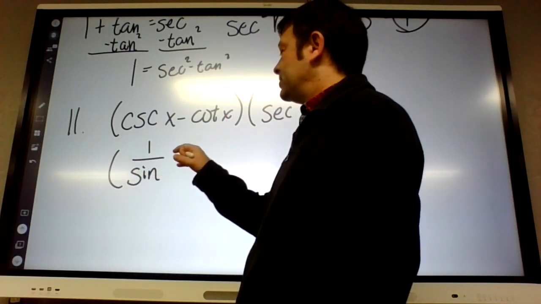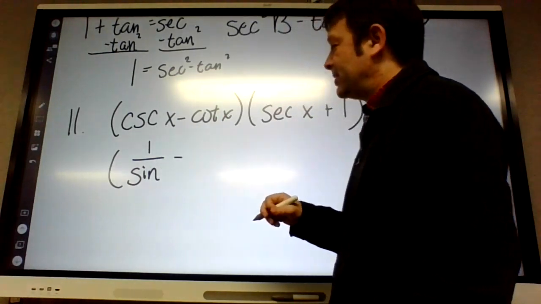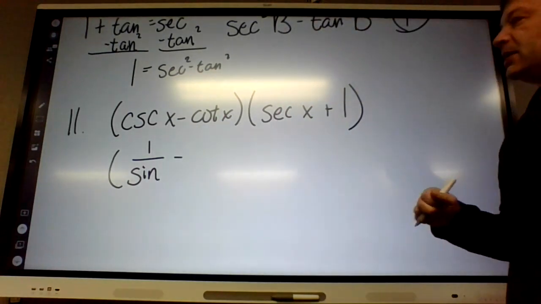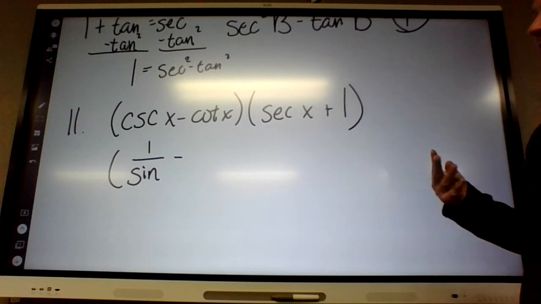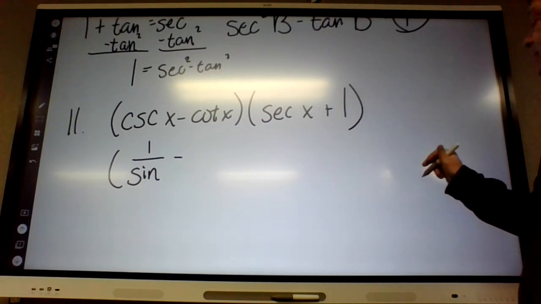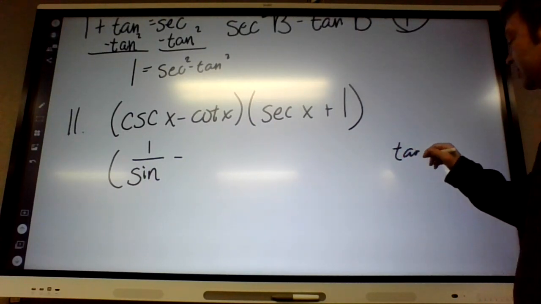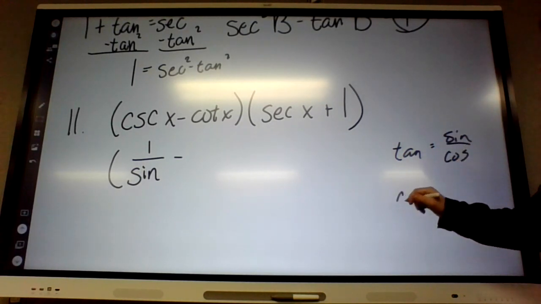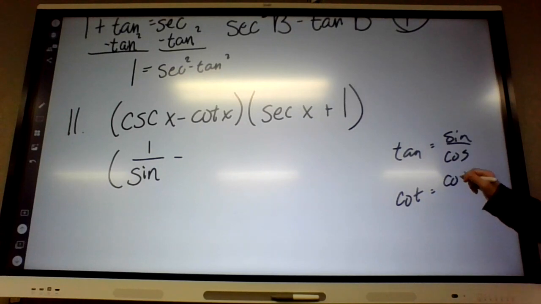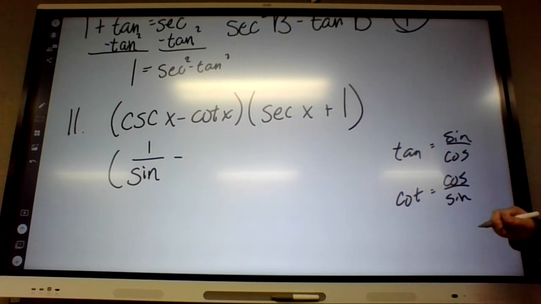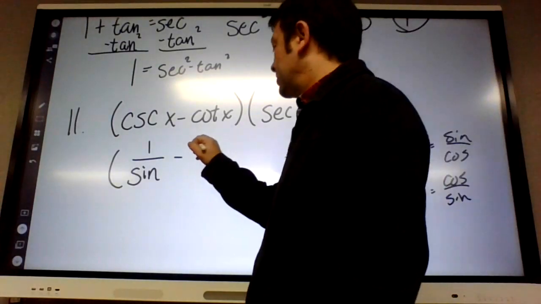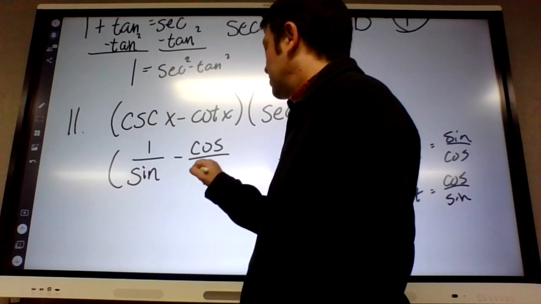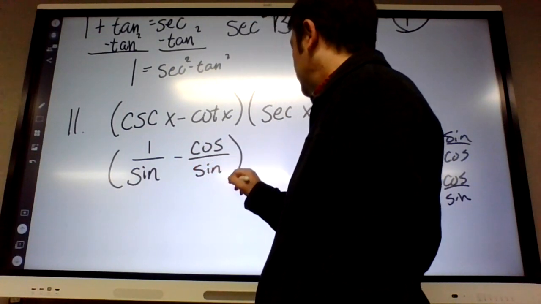Okay, what is cotangent the same thing as? Well, you could say it's 1 over tangent, but let's do the sine and cosine version. Yesterday, remember, we had this on the board. Tangent is sine over cosine, and that means cotangent is cosine over sine. So we'll do that. Cosine over sine.